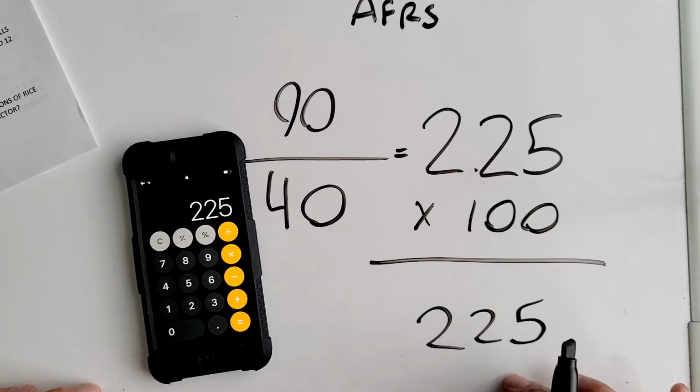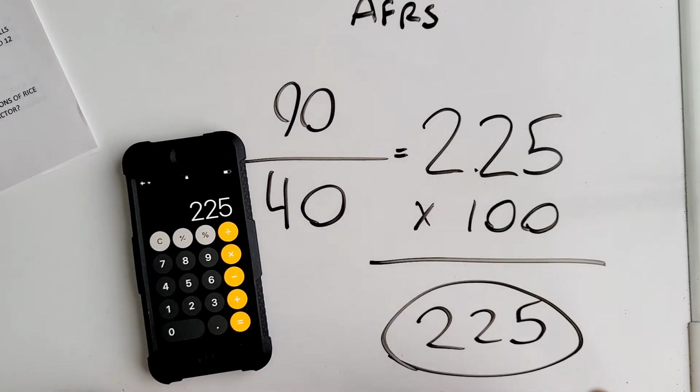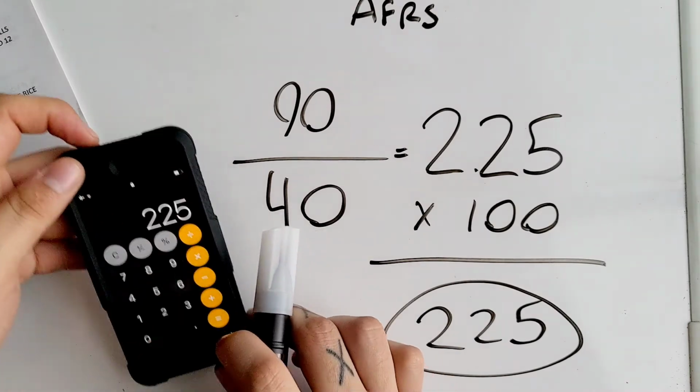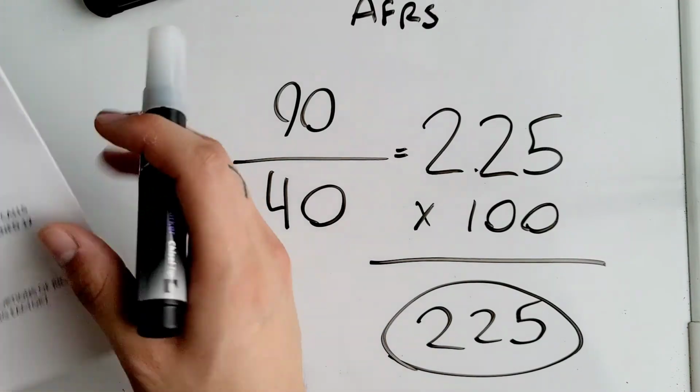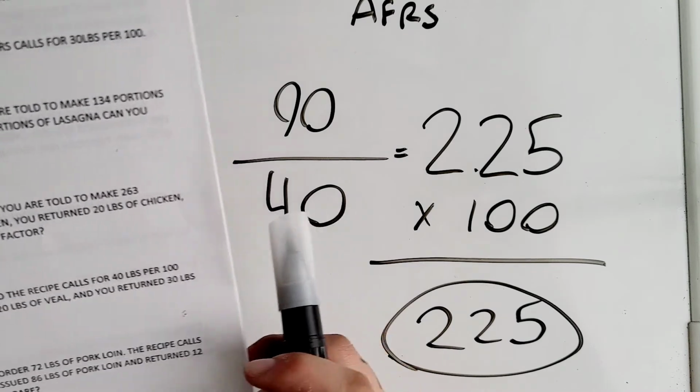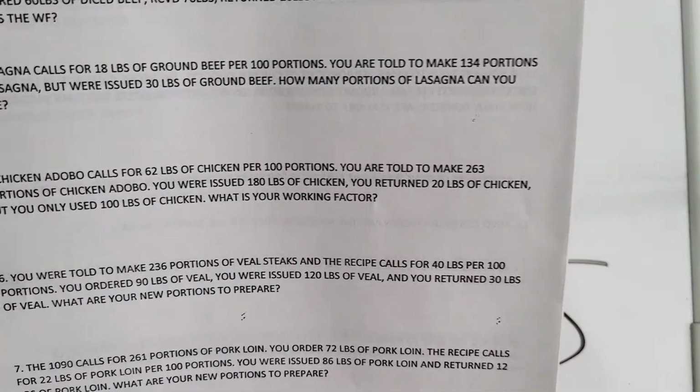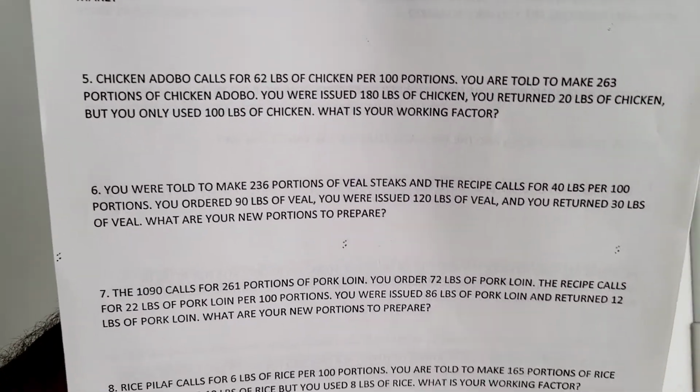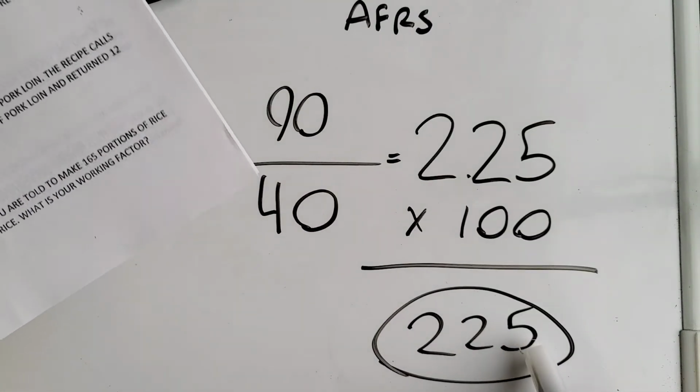So that is your number of portions to prepare. So it's pretty much saying with the 90 pounds of veal steaks that you used, you were able to make 225 portions.